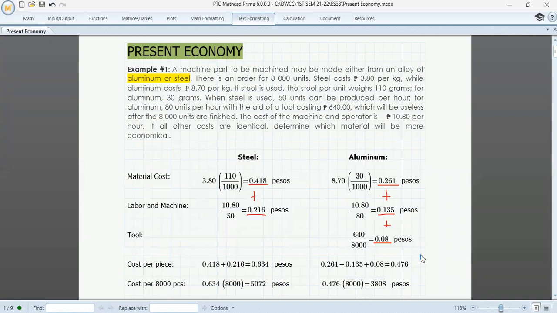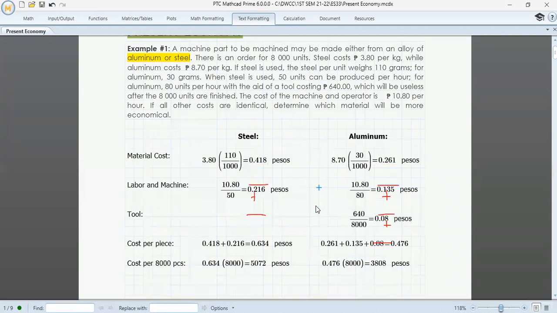Okay? Guys, ginagamit ko lang is word na pesos kasi hindi ako makapaglagay ng peso sign. Pero syempre, kapag nag-solve kayo sa papel, peso sign na ang gamitin nyo. Okay? So now, meron na tayong sagot for steel and for aluminum. Tama? We have 5,072 and 3,808.